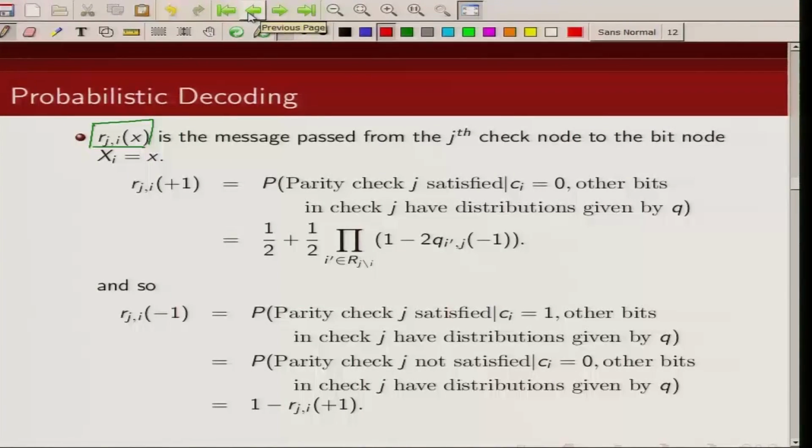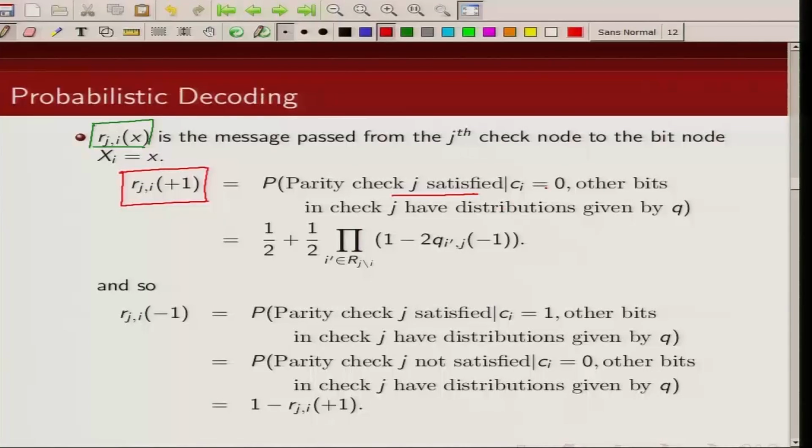Now, the probability of x being plus 1, which basically corresponds to Ci, the code bit, being 0, is defined as the probability that the jth parity check constraint is satisfied given that Ci, the ith bit, is 0 and other bits are given by the distribution given by Qi.